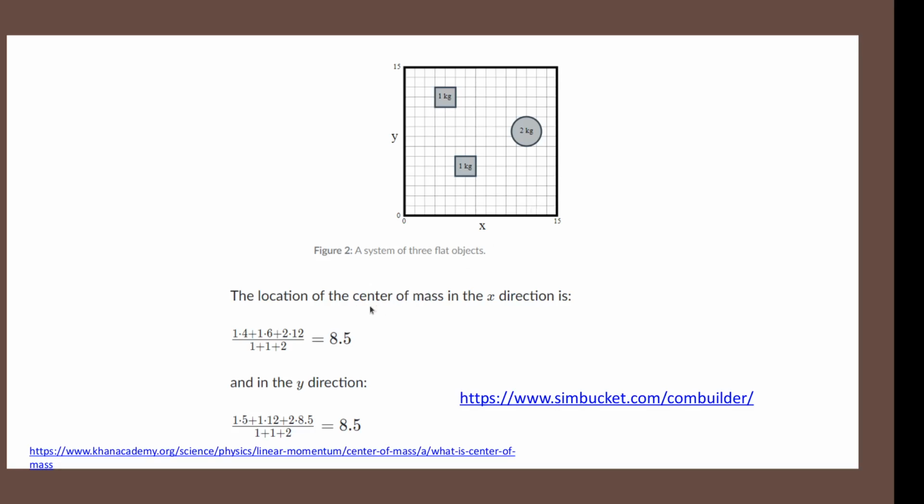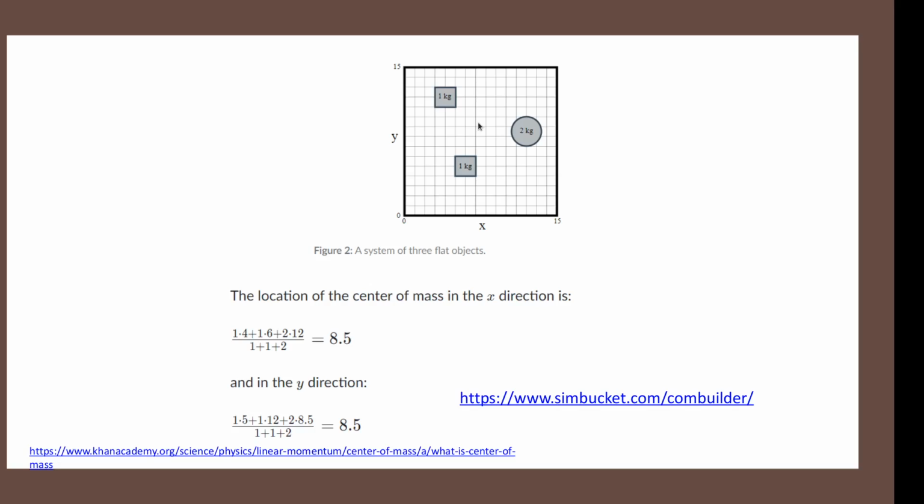So to calculate the location of the center of mass in the x direction, it would be 1 multiplied by 4, plus 1 multiplied by 6, plus 2, which is the mass, multiplied by 12, divided by the summation of my masses. So my center of mass would be at 8.5, and we can do the same for the y direction. It's at 8.5. So at 8.5 here I have the center of mass somewhere between these 3 objects.